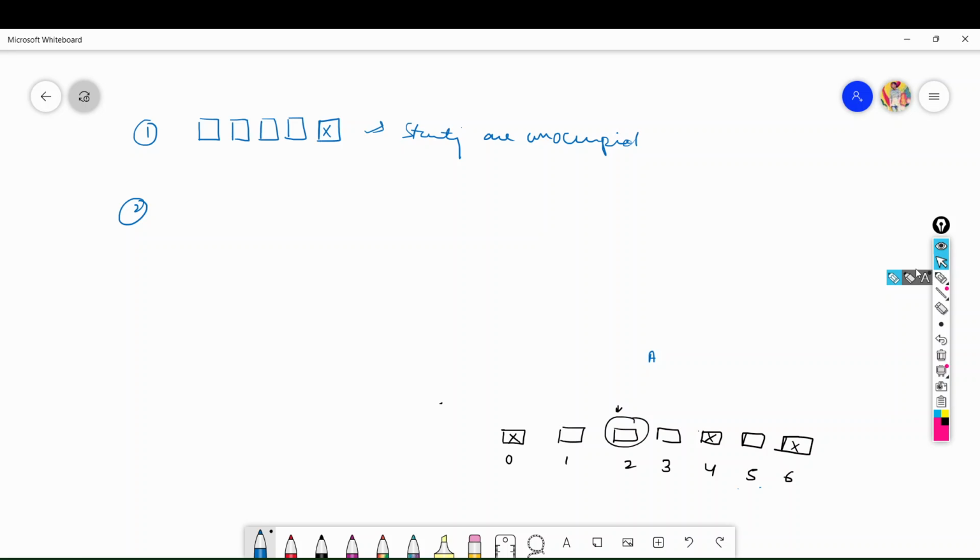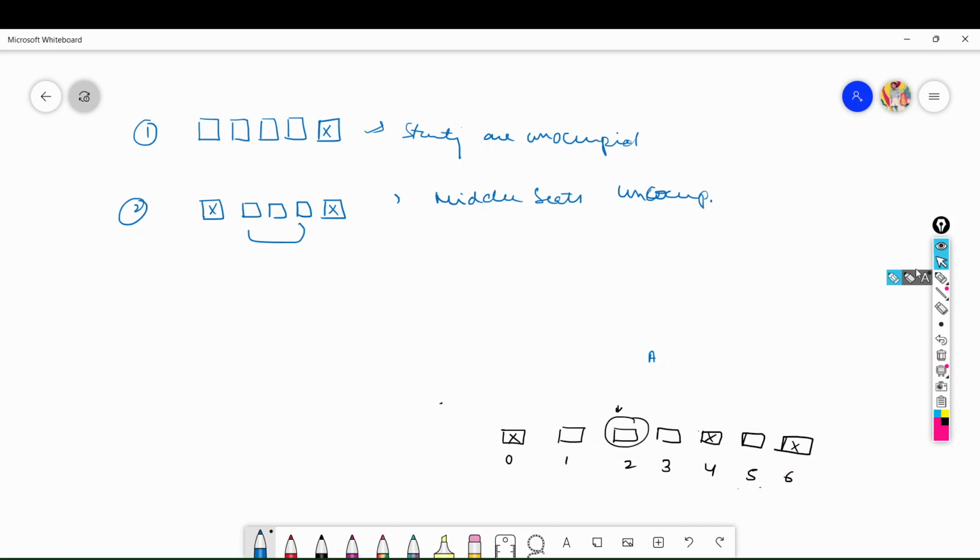Another such example could be that suppose some person is sitting at the start, and some other person is also sitting at the end, and the middle seats are unoccupied. Middle seats unoccupied.